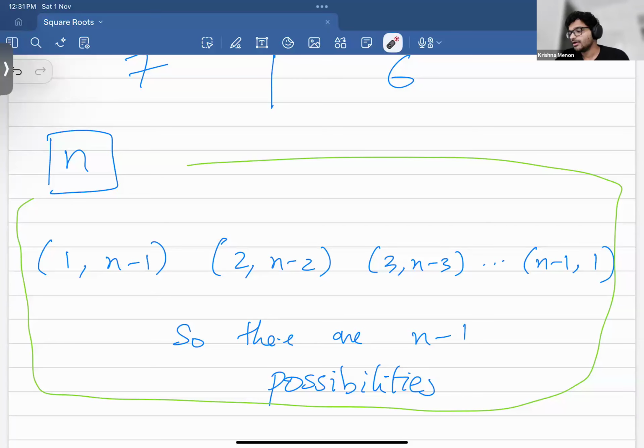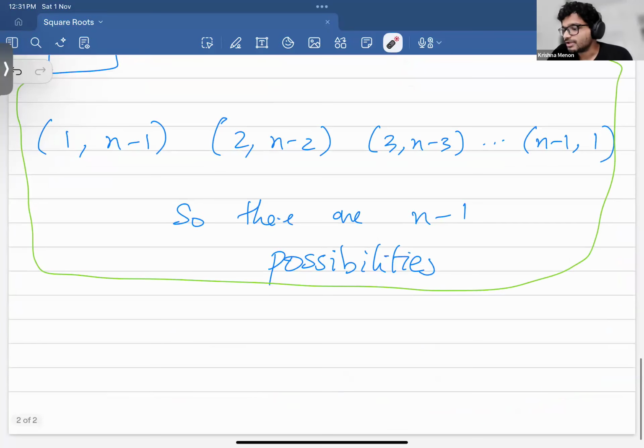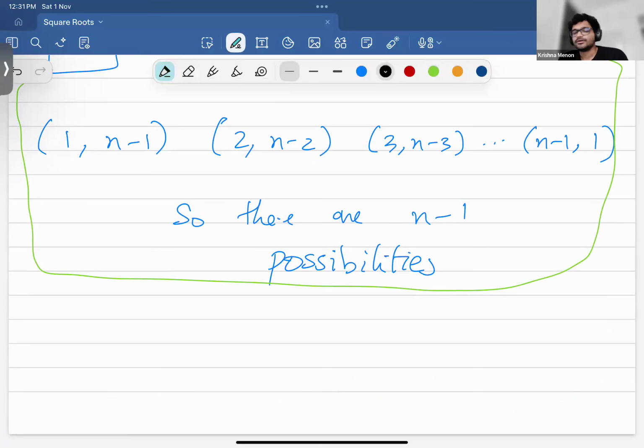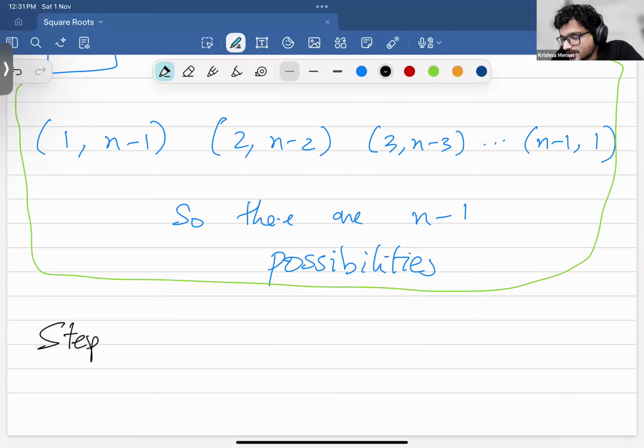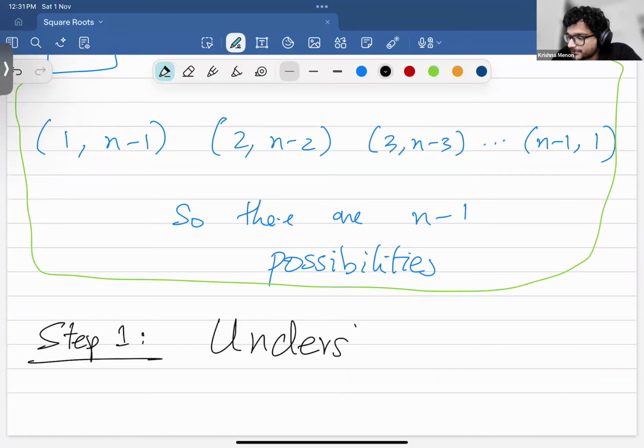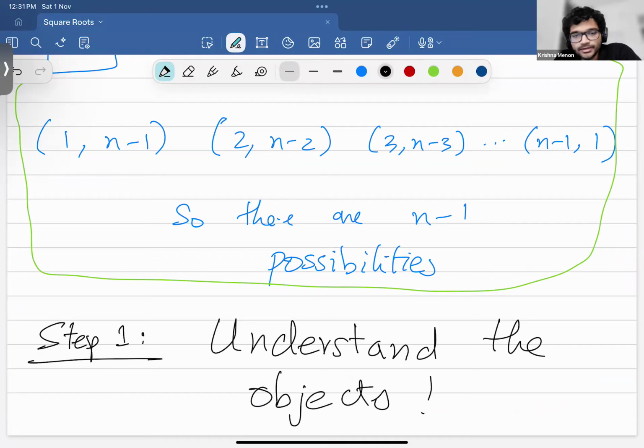Okay? So there was someone who asked, okay, is it okay to give 0? Okay? So that was a good question because it is sort of the first step that I would suggest for anyone who's trying to solve a counting problem, which is understand the objects. Okay?